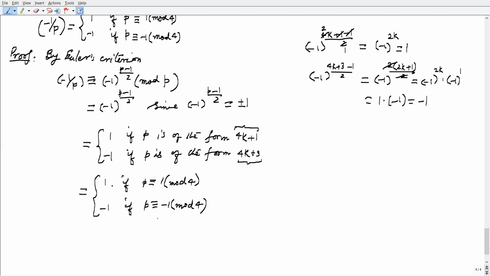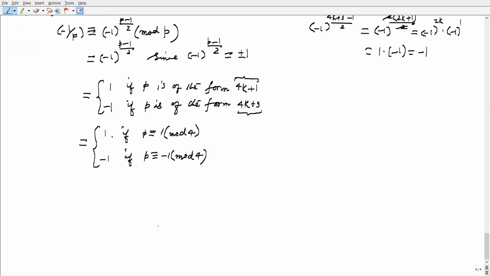Okay, let's look at some examples. For example, the Legendre symbol of -4 over 83. 83 is a prime number which is not dividing 4.